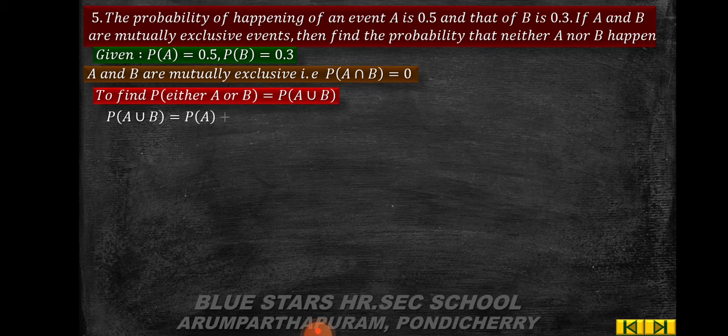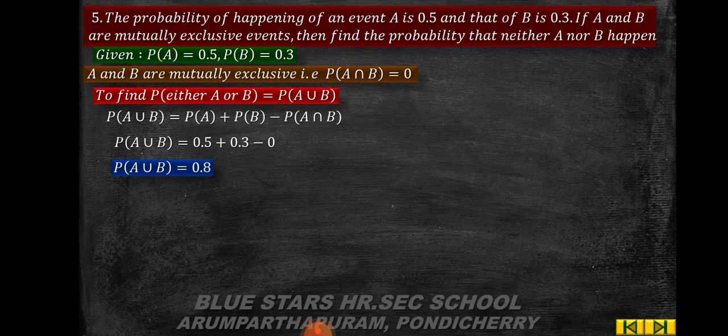P of A union B is equal to P of A plus P of B minus P of A intersection B. P of A union B is equal to 0.5 plus 0.3 minus 0. So P of A union B is equal to 0.8.